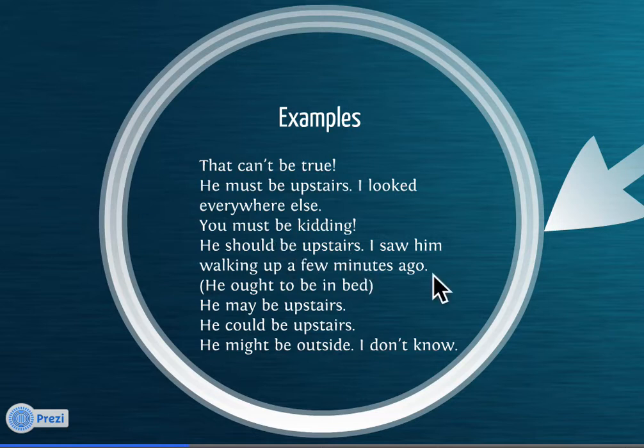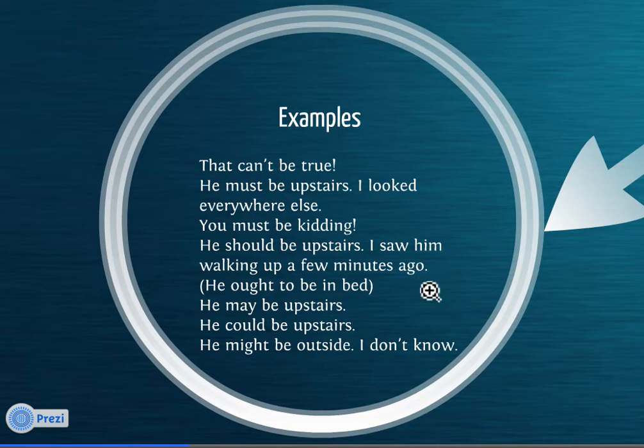Let's have a look at ought to. Remember, you cannot use ought to in negative. Have a look at this example: he ought to be in bed. Be careful, because it depends on the context. If it has a meaning of possibility, like he should be upstairs, or he ought to be upstairs because this and this and this.